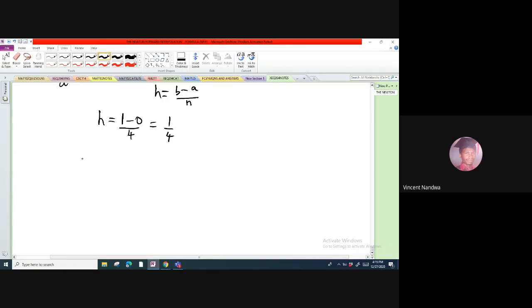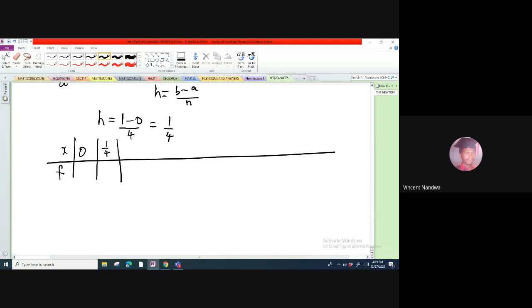So therefore now we have x and then f. So we have 0, a quarter, 2 quarters, 3 quarters, then we have 4 quarters. So remember this is a function, f of x equals x power 4. When x is 0, y will be 0.